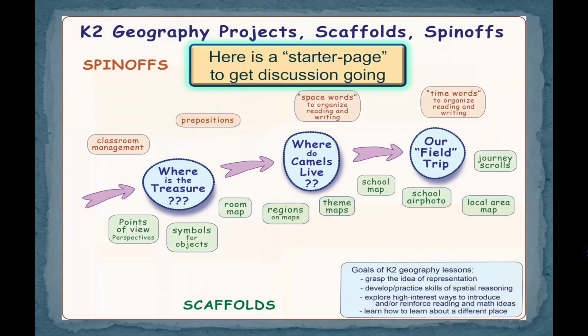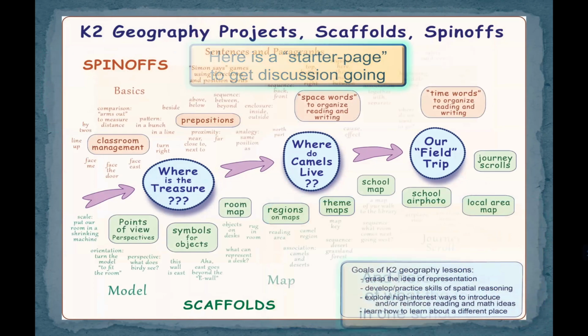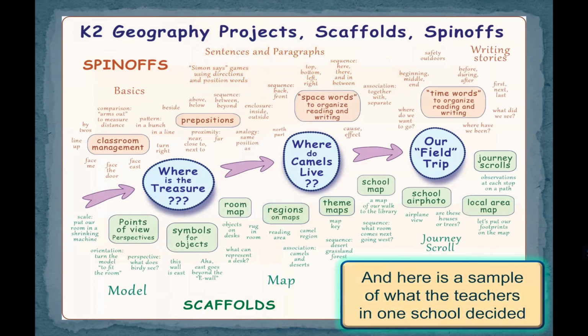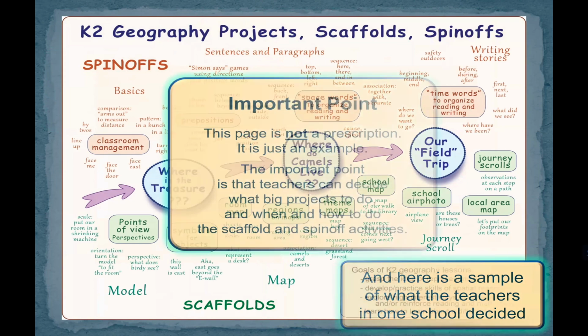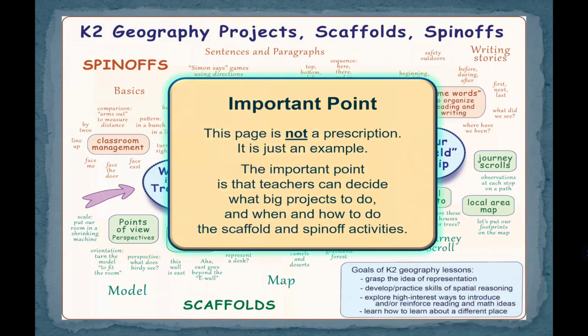So we've got a starter page to get going, and we've got a sample of what the teachers in one school decided. Now, I know you can't read that on the screen right now, which is the whole point of putting it on a PowerPoint later on and on the website. It's not a prescription, it's an example.